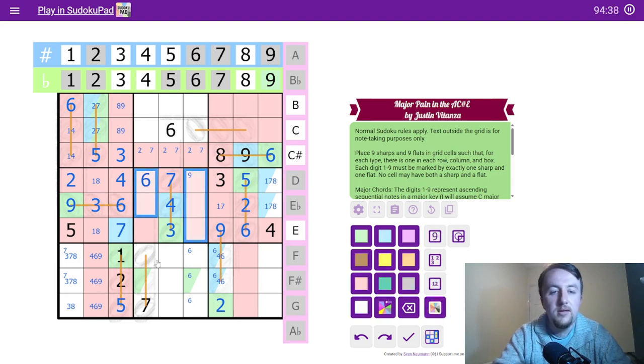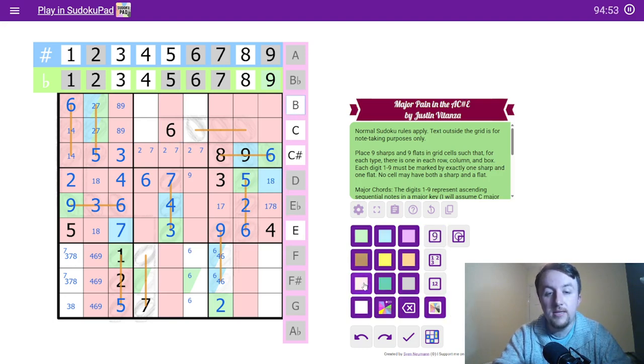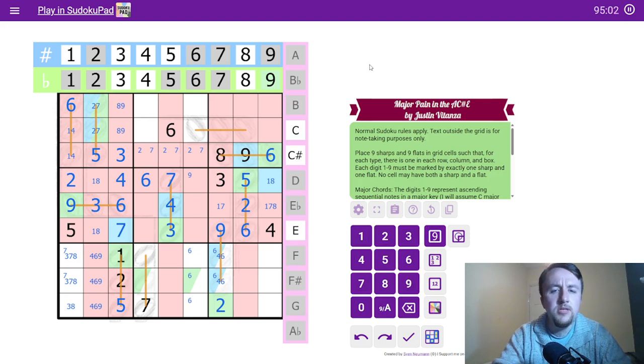So we can naturalise all of this now. We can naturalise that. We can sharpen that and remove 7. We can grey out B major. That's done. And actually, we only have one space left for C major, don't we?